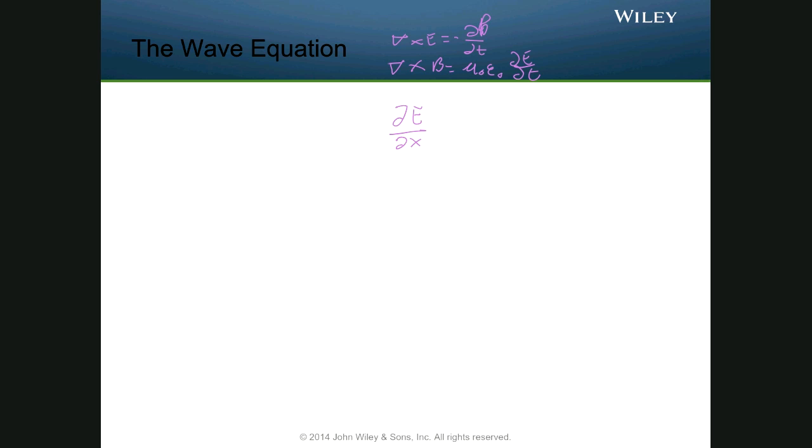In special versions we can look at our curl and write it this way, and relate this to dB/dx equals mu naught epsilon naught dE/dt. So we'll be able to relate these first derivatives to each other.